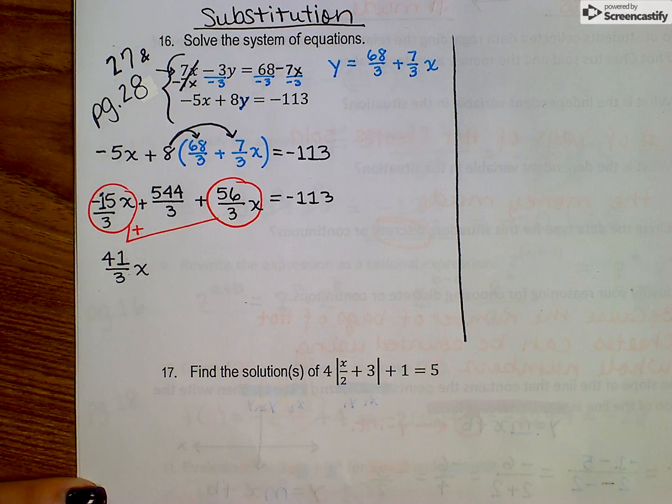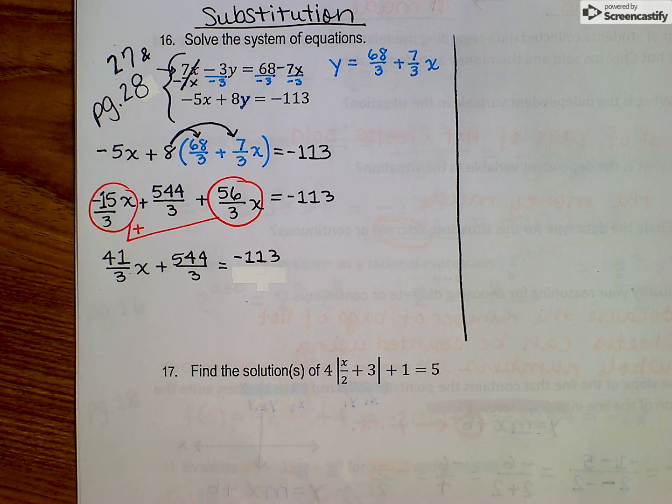And technically, I would want to go ahead and change the negative 113 into a fraction. But I'll just go ahead and calculate that real quick, because next step is to remove the constant of 544 over 3 by subtracting it.